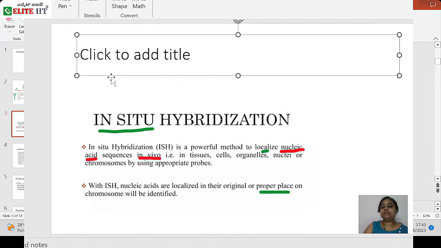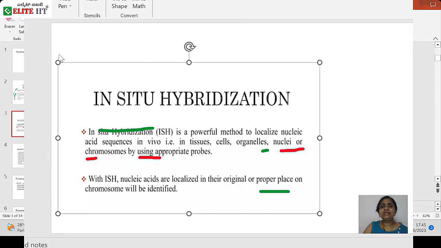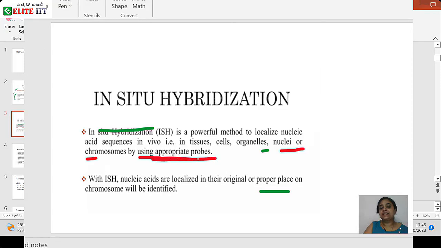But in vivo means you are directly using tissue or cells, and you are identifying DNA present in the cell, tissue or organelle, in tissue, cells, organelles, nuclei or chromosomes, by using appropriate probes. The main thing is, in this process we generally use one appropriate probe in order to localize the nucleic acid you want to identify.